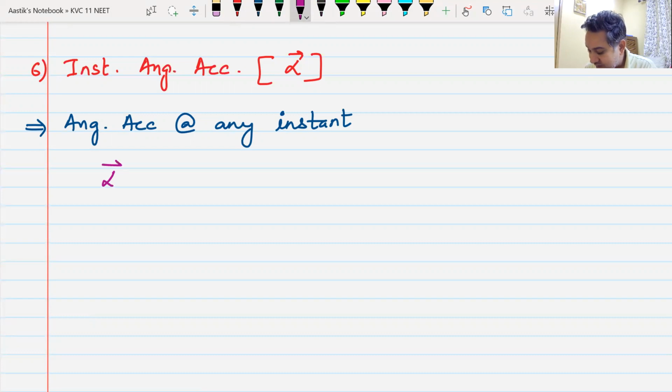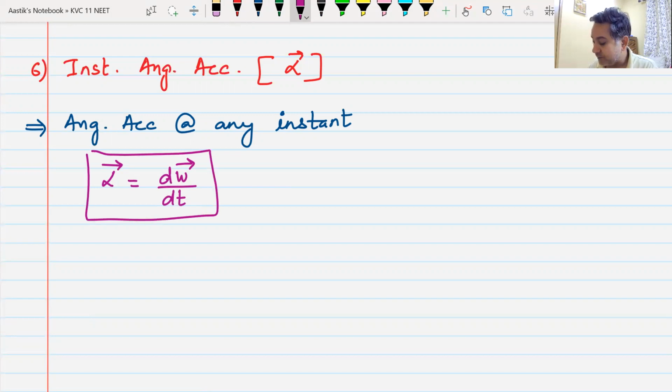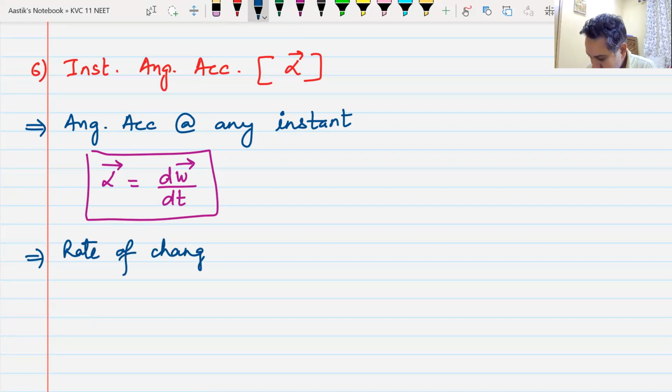So the formula of instantaneous angular acceleration becomes d omega, small change in angular velocity, divided by small time. So you can also call it the rate of change of angular velocity with time.